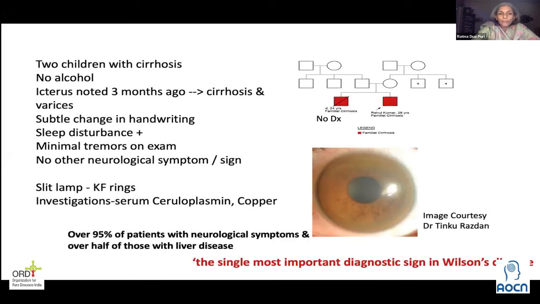Over 95% of patients with neurological symptoms and about 40 to 50% of those with liver disease have this sign. We then went ahead and did the mutation studies and confirmed the diagnosis, because this was late onset with predominantly hepatic involvement. There were very minimal signs, and he was started on treatment.